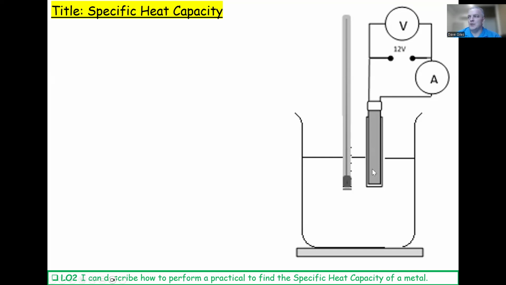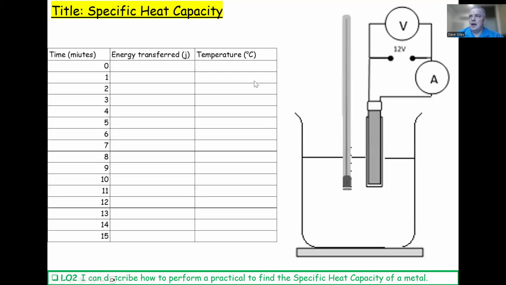You'd normally add a little bit of oil in here as well, just to help with the initial conduction. And you've got a power supply, and you've got an ammeter to measure the current and a voltmeter to measure the voltage. Now, using power is current times voltage, you can work out the power. And then if you leave it on for a certain amount of time, then you can work out the energy transferred.